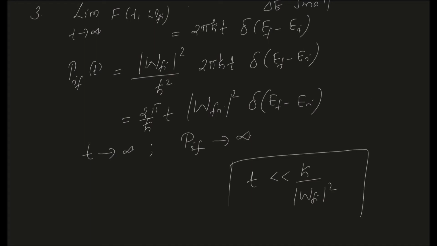This is the validity condition for time dependent perturbation theory, because in this limit t is limited by ħ by this quantity, and you will have a finite probability. Otherwise we will end up with an unphysical situation where the probability indefinitely increases. So this validity condition has to be considered.